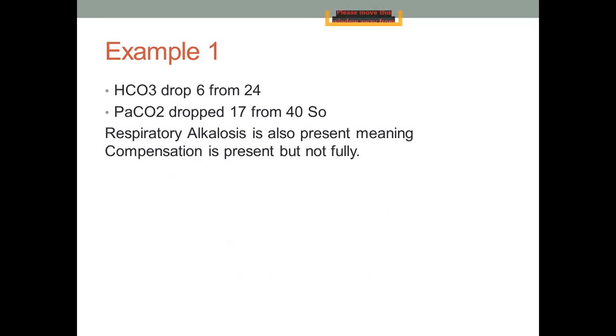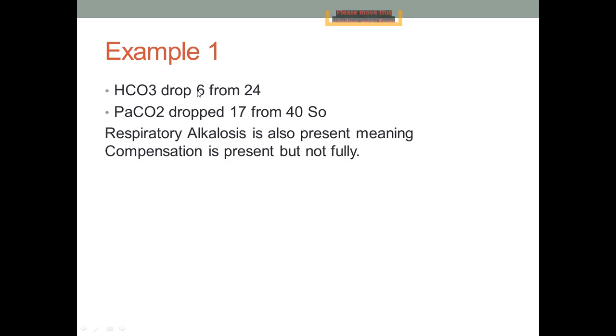Again, we will discuss an example. The patient had a bicarbonate drop of 6 from 24. His bicarbonate was 18. Normal is between 22 to 28, but our normal in this case would be 24.